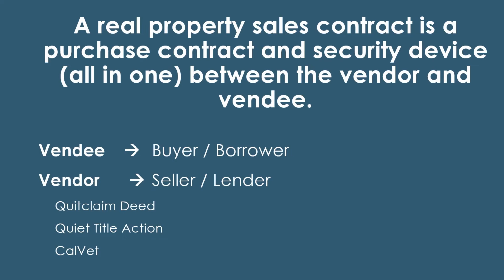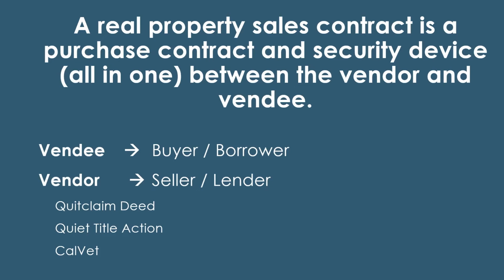So the veteran says, okay, I want to buy this house. Calvet buys the house. The legal title is in the name of Calvet. The veteran becomes the vendee, the buyer-borrower, paying Calvet, who's the vendor.